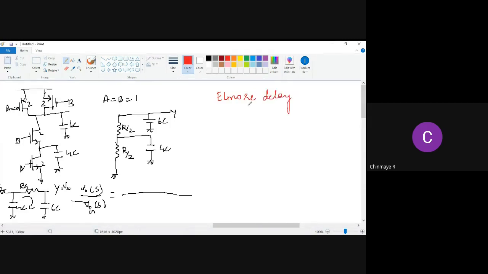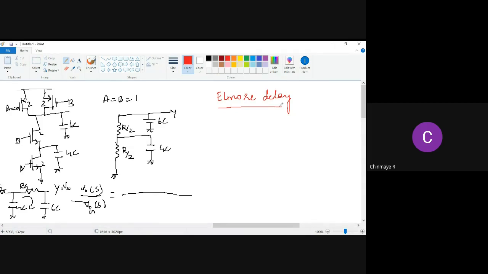Using RC delay, it becomes very cumbersome for calculating delays for larger circuits, right? So therefore, we'll go for Elmore delay. We'll just work out a simple example as to how we calculate the Elmore delay.